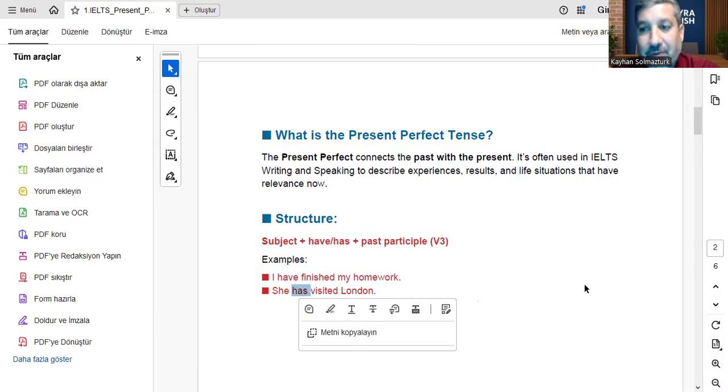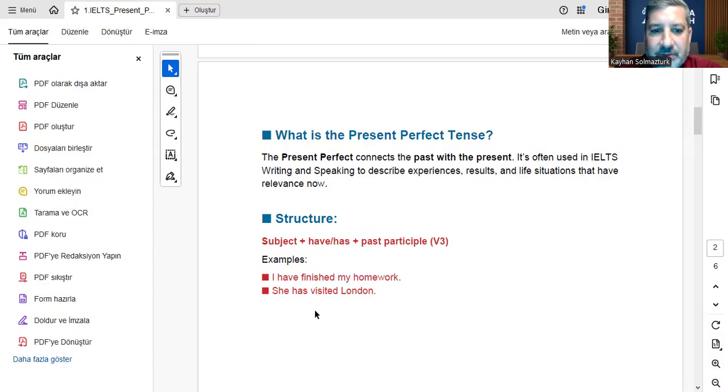With plural subjects, for example you, like in Turkish we say siz, or we, we use the plural verb have. I is kind of an exception.